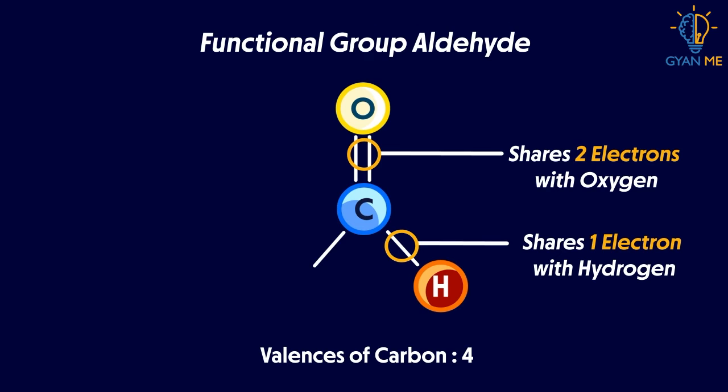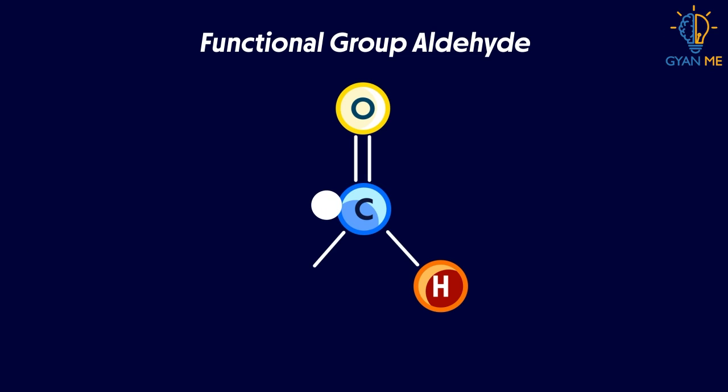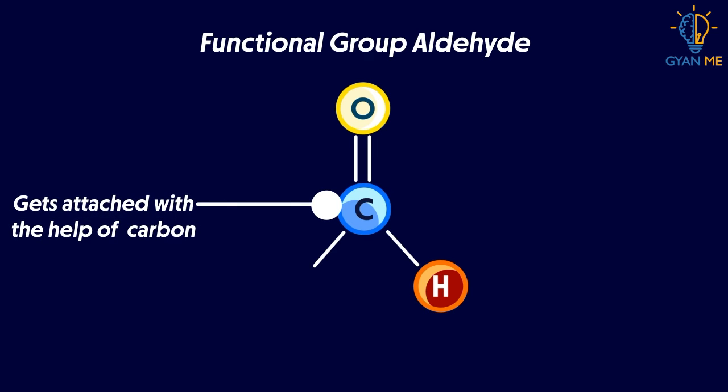This makes a total of 3 for carbon. Thus, 1 valence electron is still with carbon to make a bond. This electron is shared with the carbon of any other alkyl group to form the bond. Yes, so the aldehyde group gets attached to other carbon compounds by its carbon atom.